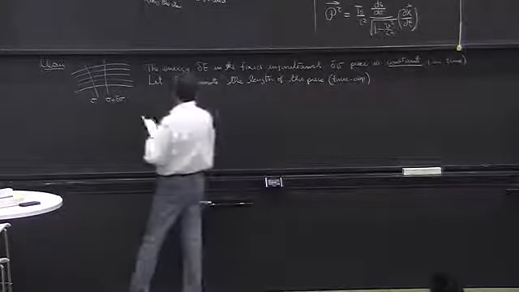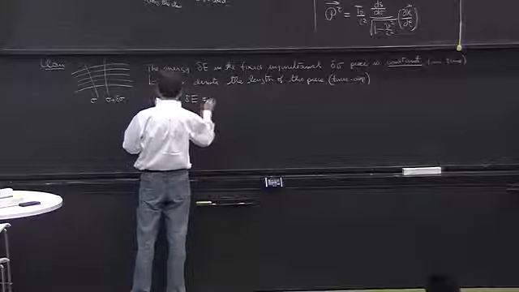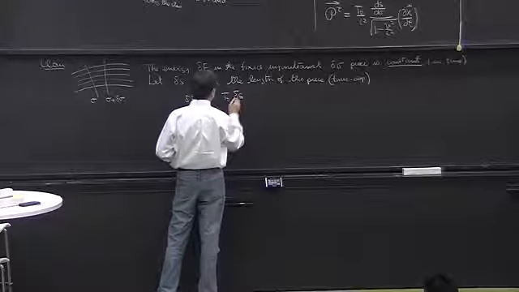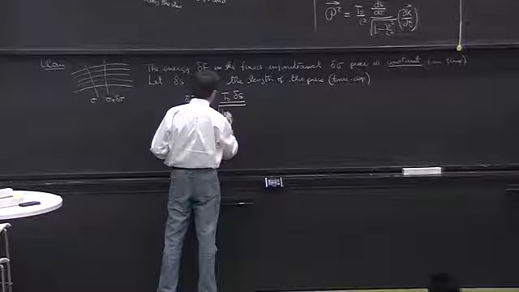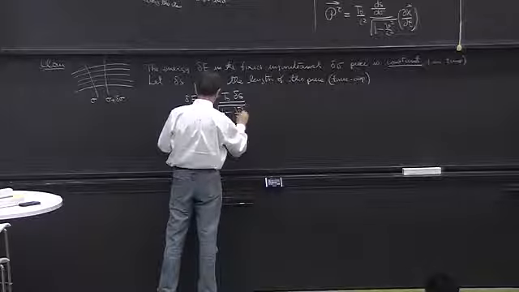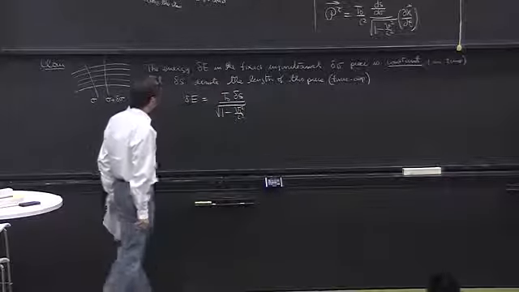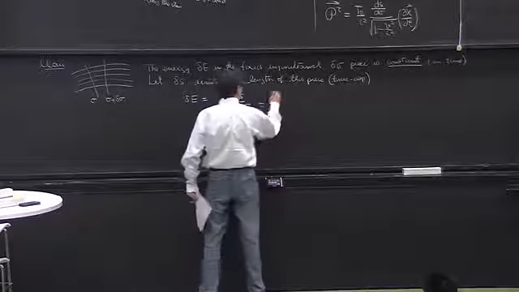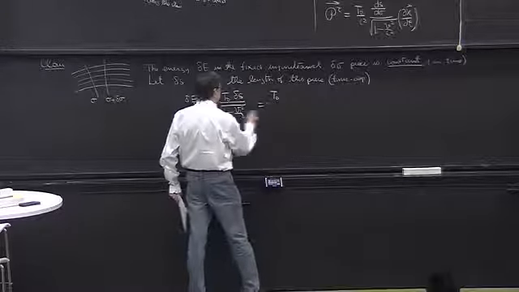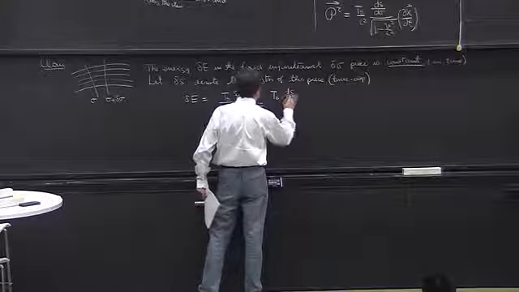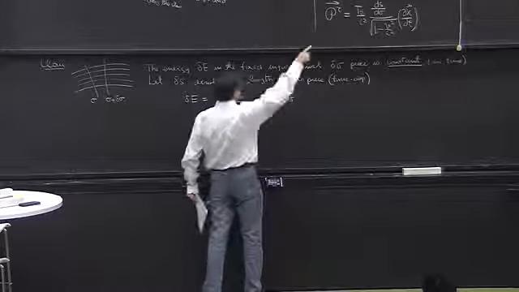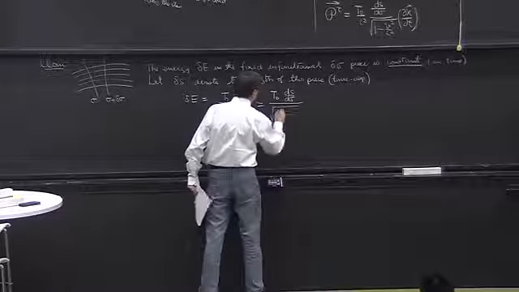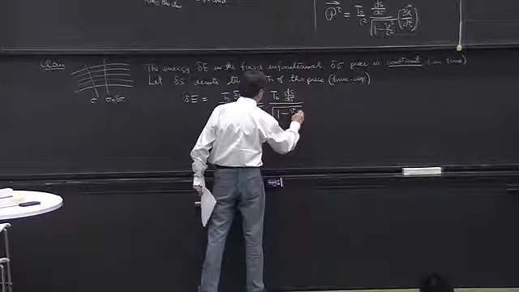So what is the amount of energy in that little piece of string? From our formula for the Hamiltonian, it is T naught delta S over square root of 1 minus V perp squared over C squared. I will write it this way: T naught, and the change in S is the derivative of S with respect to sigma that has been showing up there, over square root of 1 minus V perp squared over C squared.